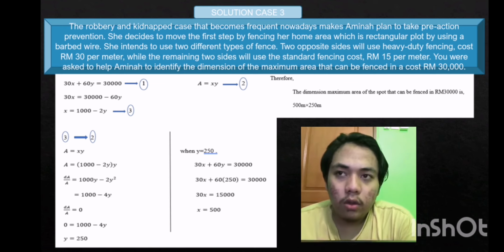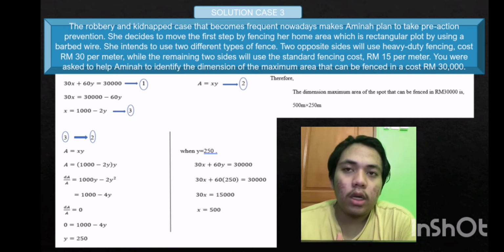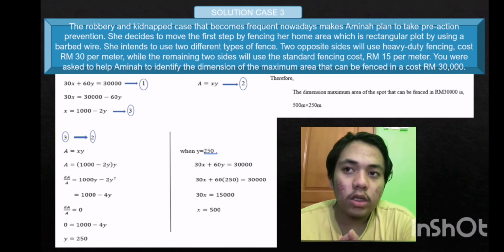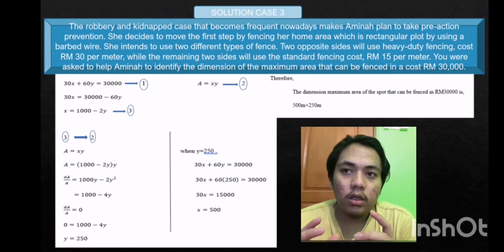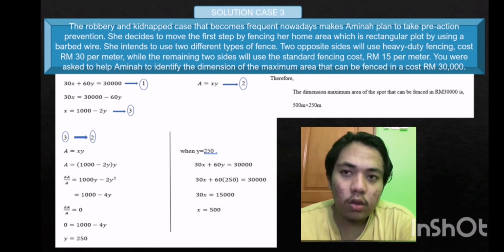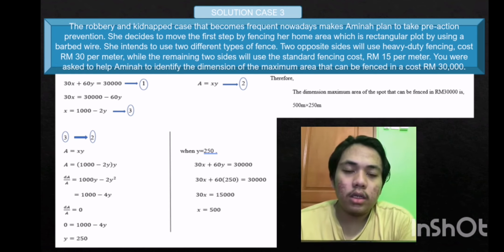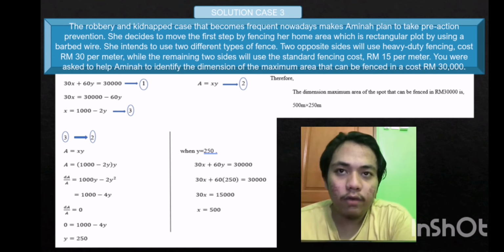So what you can do is differentiate it, and then the result you should equate to 0, and then you can find the value of y, which is 250.